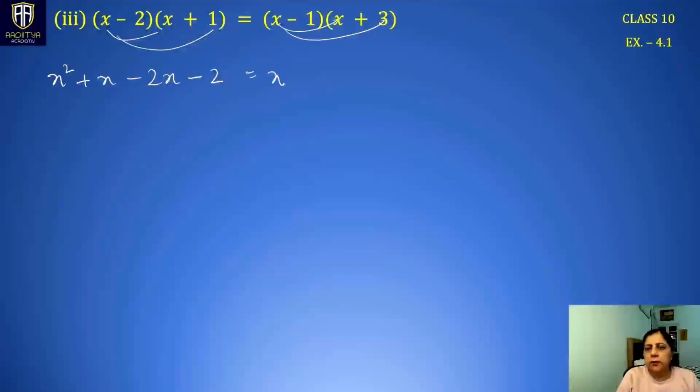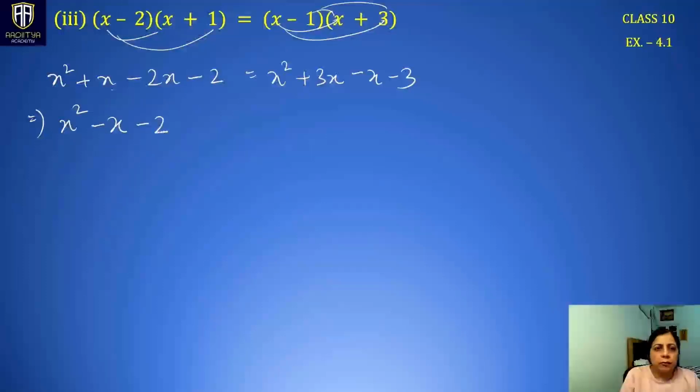Here we have x square plus 3x minus x minus 3. So we simplify this x square. This x minus 2x becomes minus x. Then we have minus 2. In RHS, x square and this 3x minus 1x is 2x minus 3.